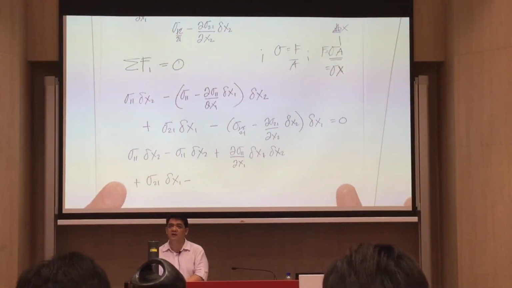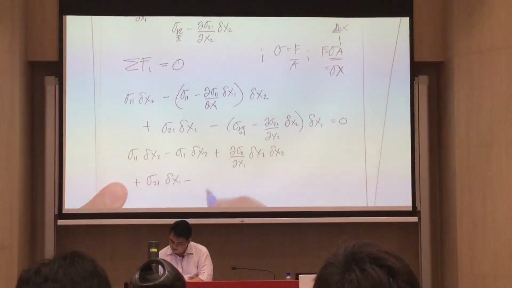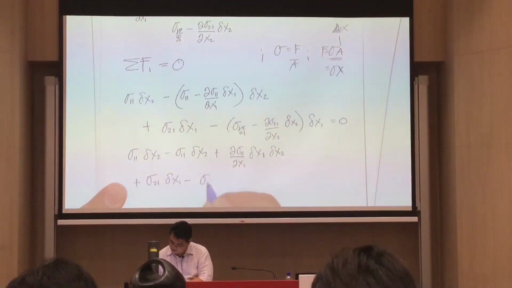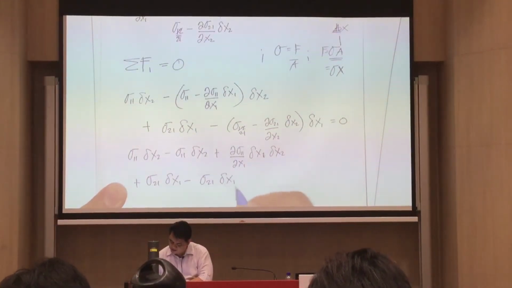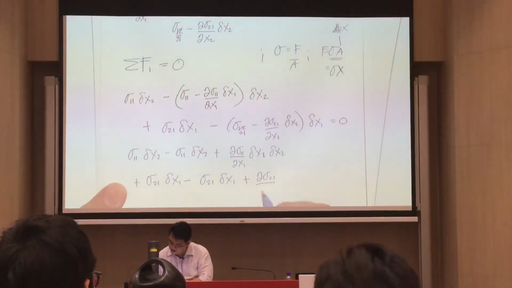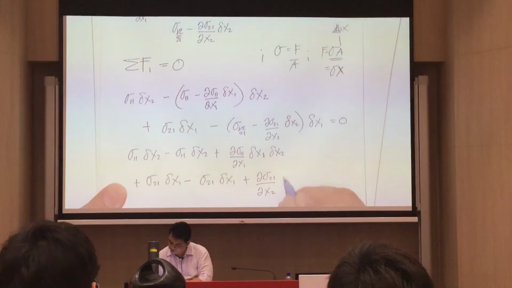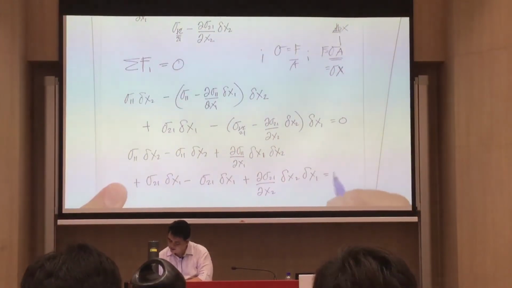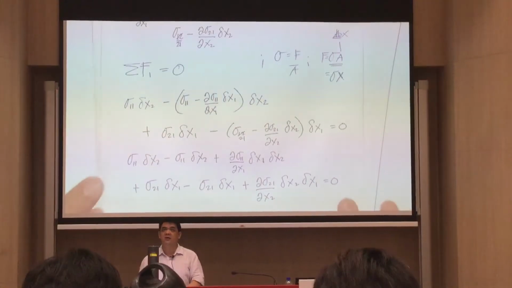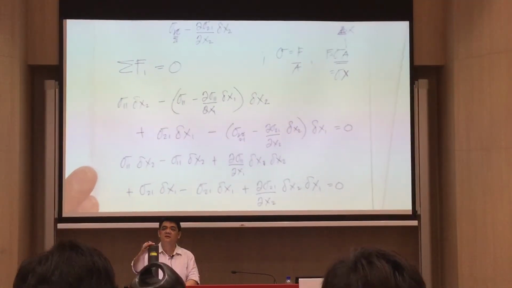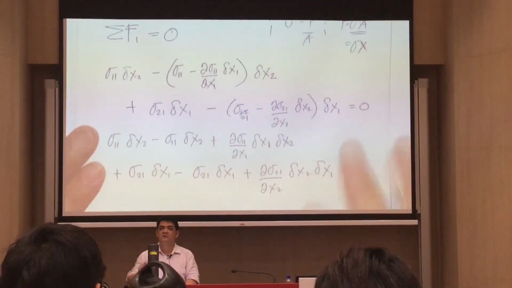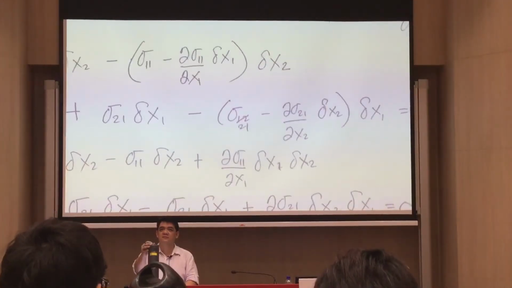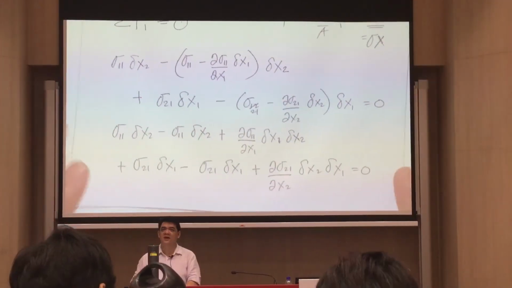So that we have now here sigma 2,1 delta x1 plus partial sigma 2,1 with respect to x2, delta x2. Yes? So you have it now, yeah?